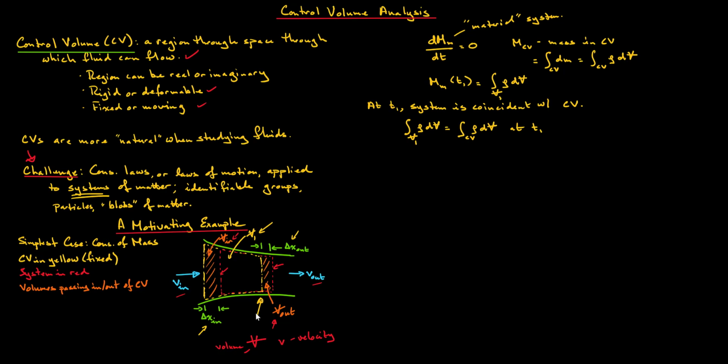Mathematically, what we can say is that the mass of our system, which we define as m_m, is equal to the mass of the CV. This is the mass calculated over volume 1, and volume 1 is essentially the volume of the CV.